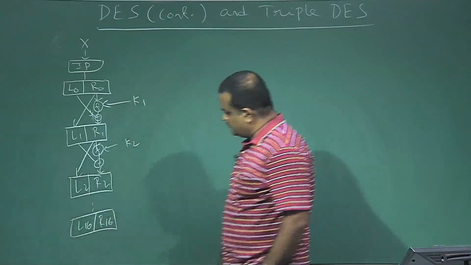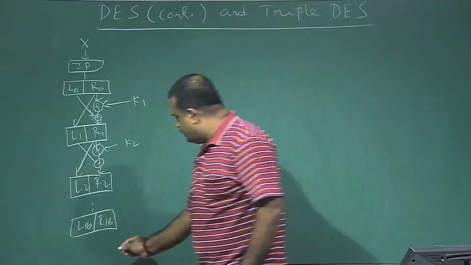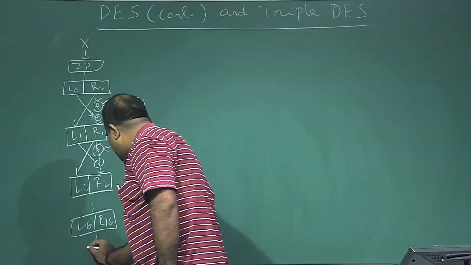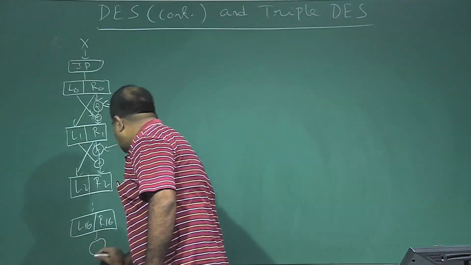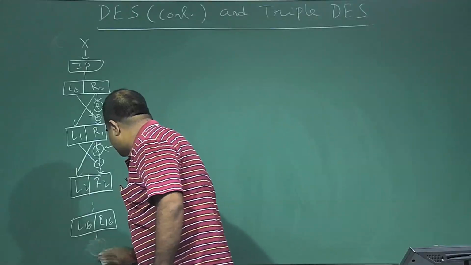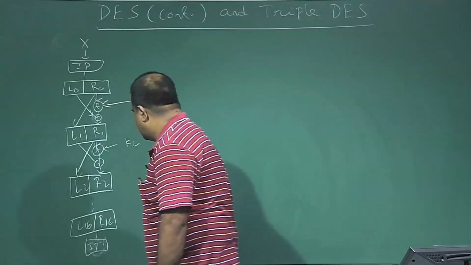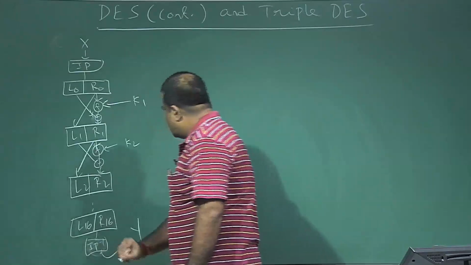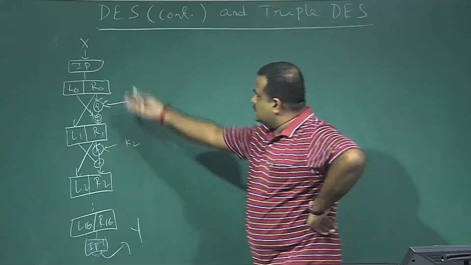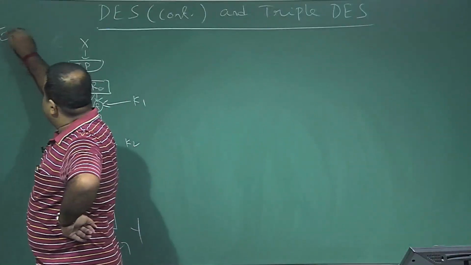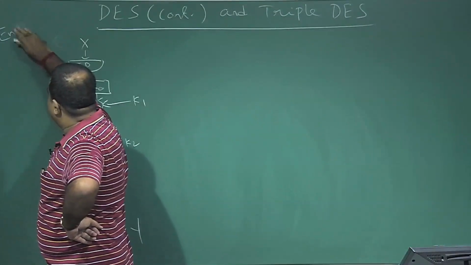So 16 Feistel rounds we are applying, then finally we are adding the IP inverse, and we got the Y, the ciphertext. So this is the plain text, this is the encryption of DES.